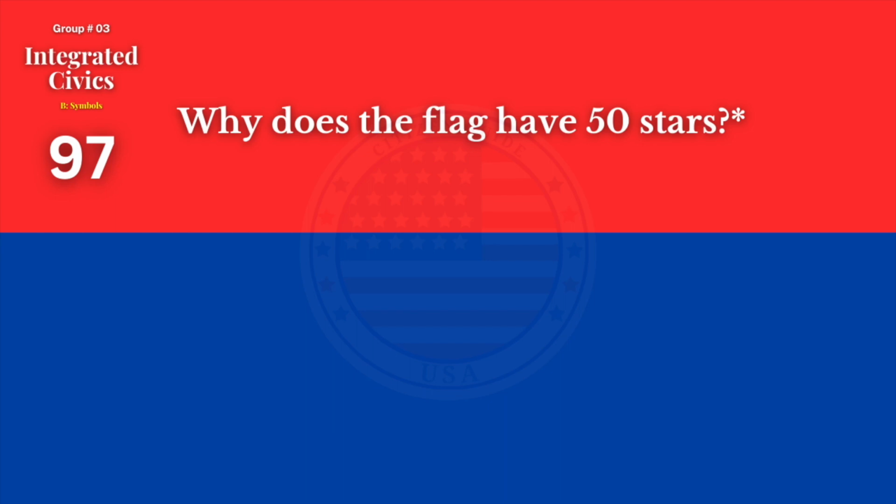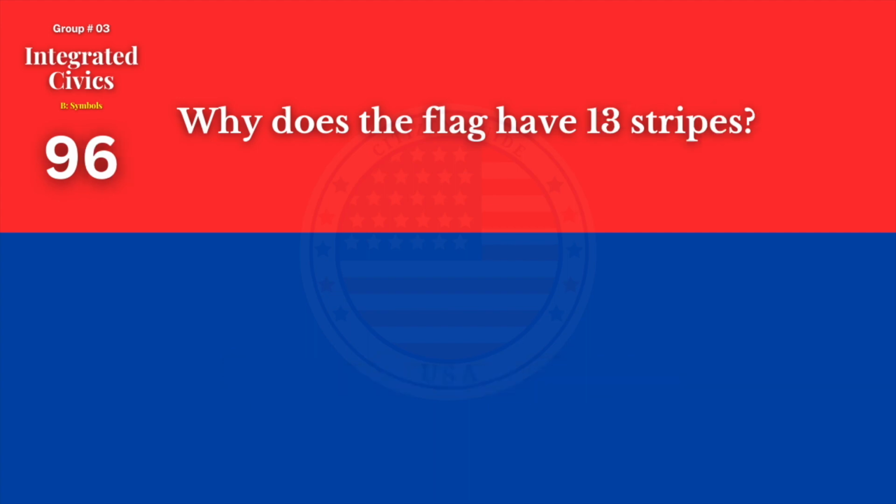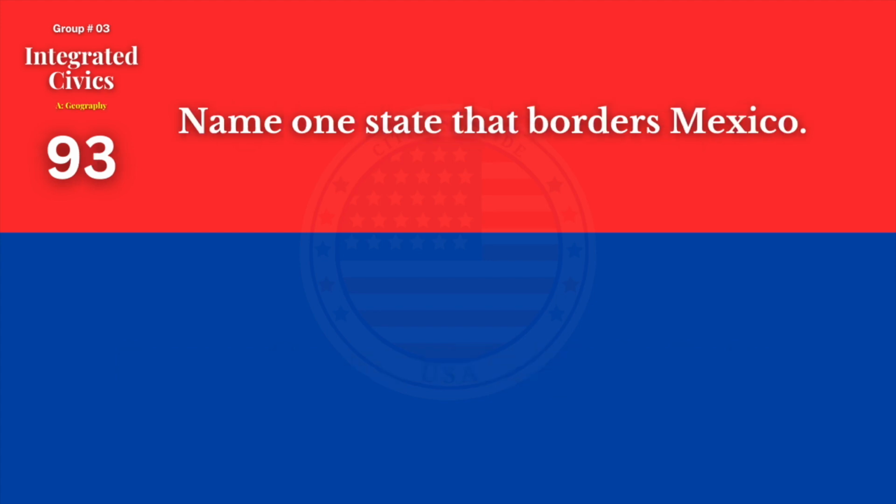Why does the flag have 50 stars? Because there are 50 states. Why does the flag have 13 stripes? Because there were 13 original colonies. Name one state that borders Mexico.